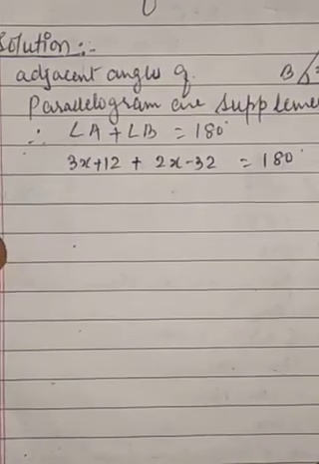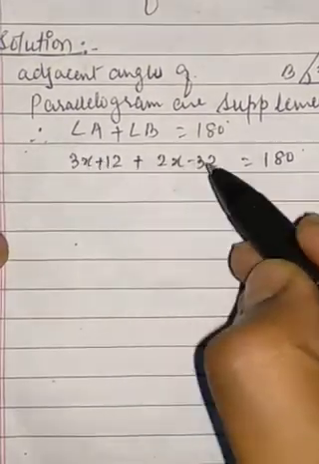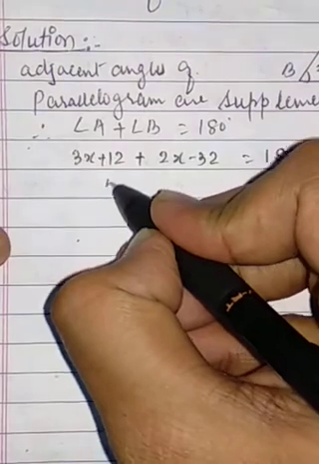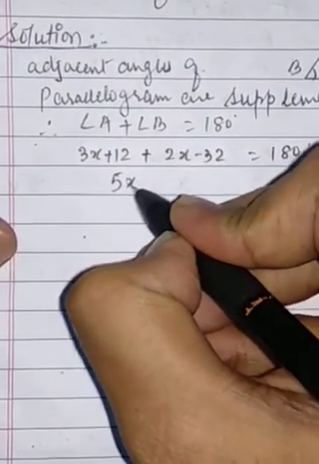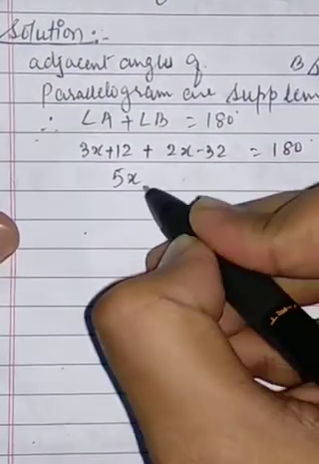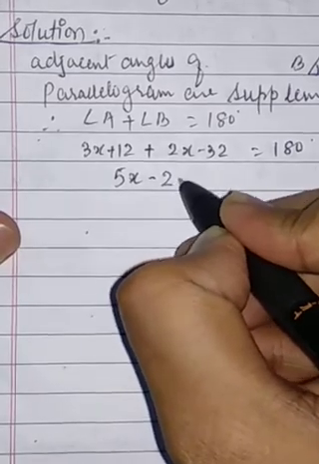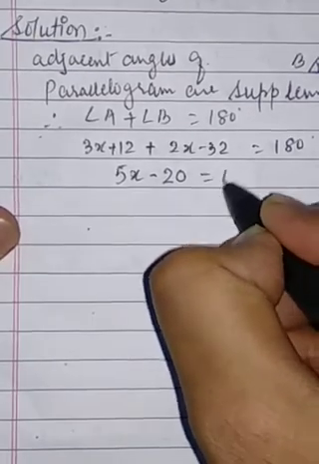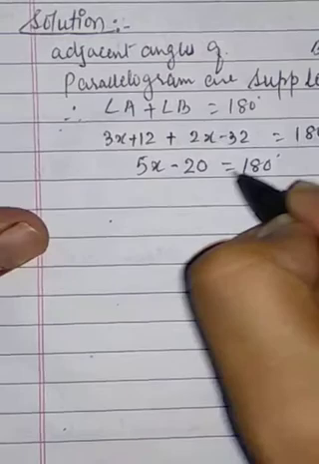Now let's simplify. You can add 3x and 2x, so it becomes 5x. 12 minus 32 becomes minus 20, and this is equal to 180.